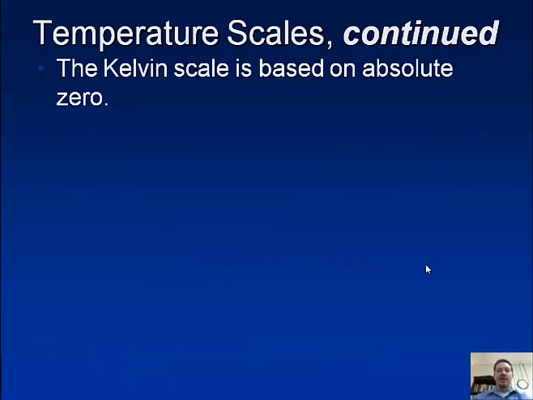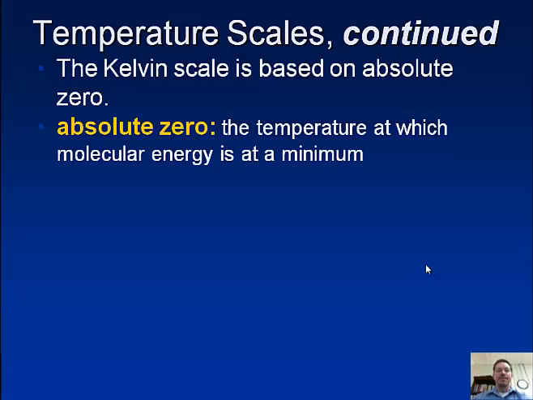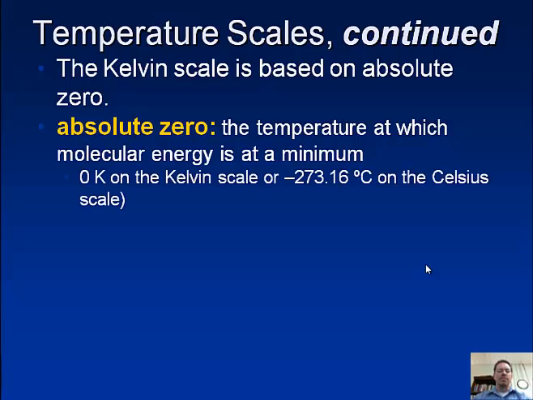The Kelvin scale is based on absolute zero, and absolute zero is just the temperature at which molecular energy is at a minimum. There's still movement, but it's very small. So 0 K on the Kelvin scale is equivalent to negative 273.16 degrees Celsius.